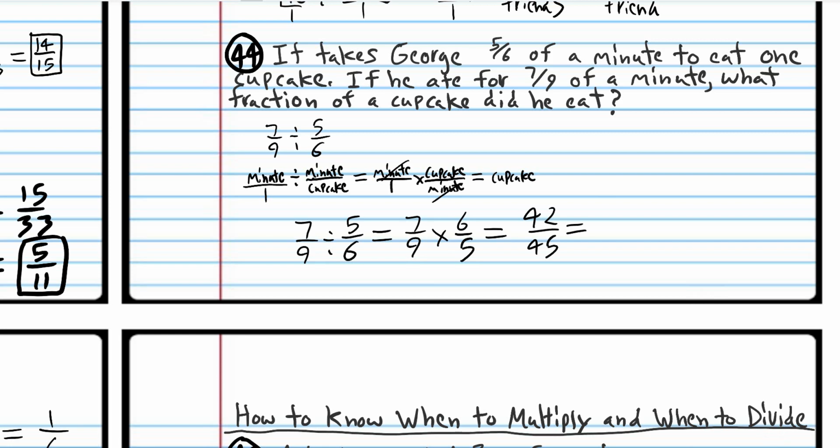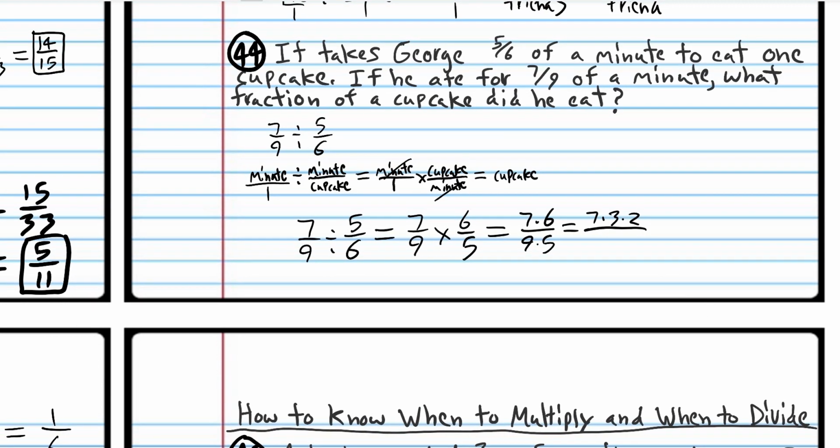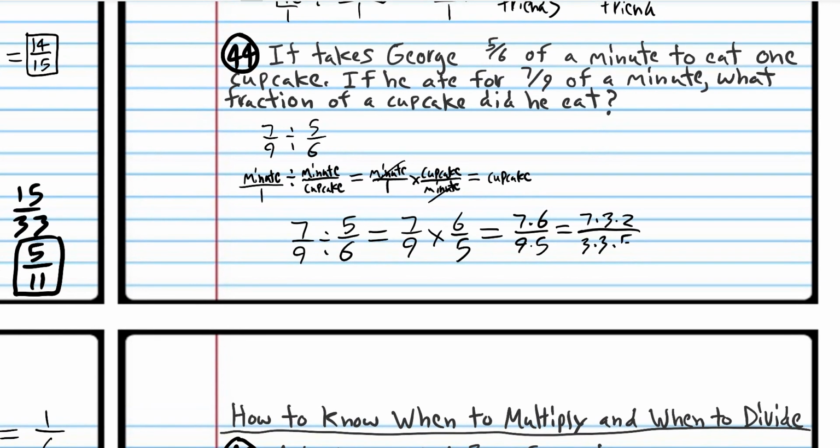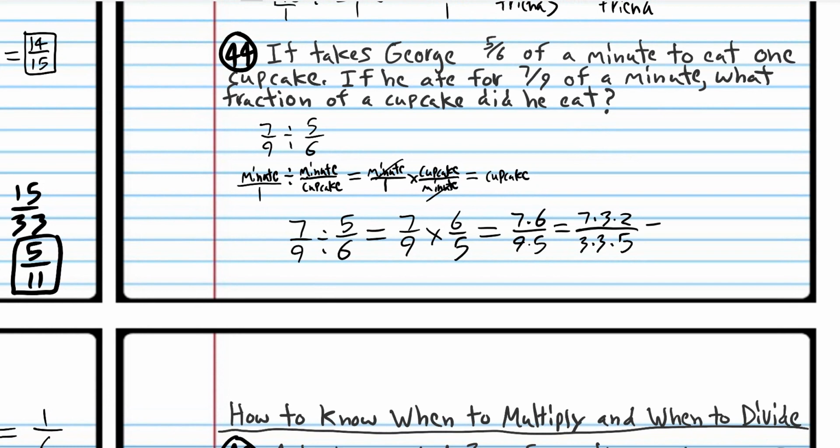So I guess we're going to have to go back and write that in factored form. So 6 times 7 and 9 times 5. Factor it further, we can get 7 times 3 times 2, because 6 factors to 3 times 2. And 9 factors to 3 times 3. Cancel out 2 of those 3s, and you end up with 7 times 2 is 14. Recombine. 3 times 5 is 15. 14/15 of a cupcake.